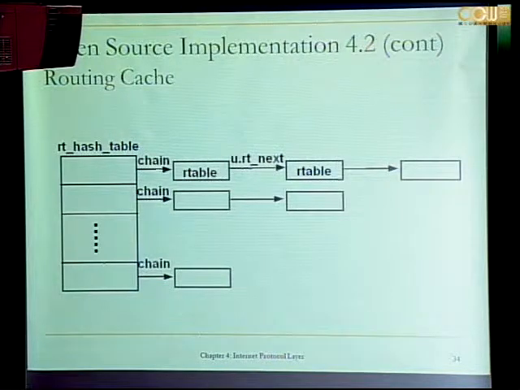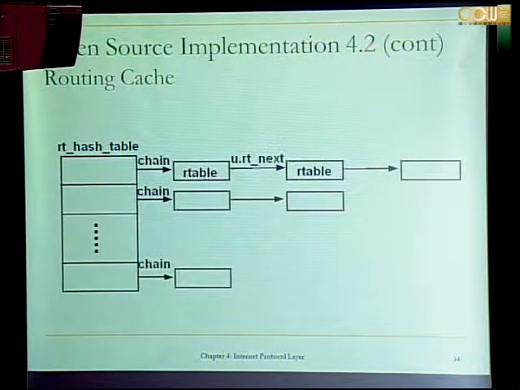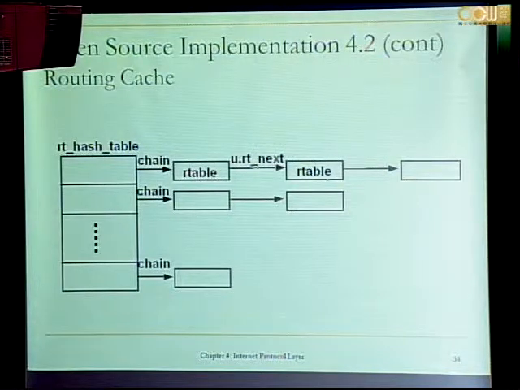And then once it finds the entry in the FIB table, it will come here to insert the entry into the cache. I take that entry and put the destination IP address into the hash function, and the result we use as the index into this table.